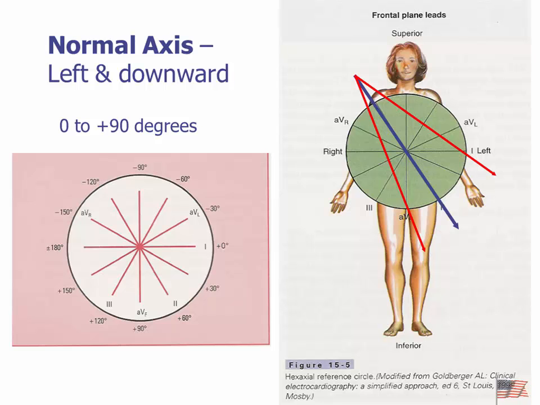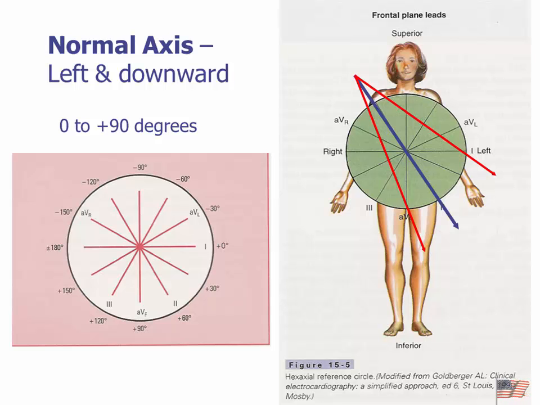So normal axis deviation, remember we talked about this pie. We're going to divide that pie into fourths. Okay? So we're going to have a quarter that is in the upper right, a quarter in the lower right, a quarter in the lower left, and a quarter in the upper left. And yeah, you can break that down even further into thirds within that quarter.